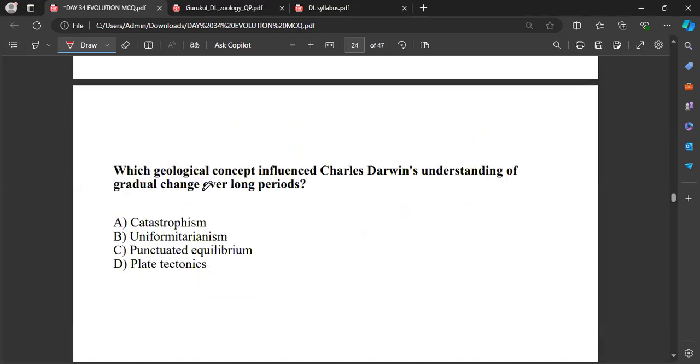Right, now, which zoological concept influenced Charles Darwin's understanding of gradual change over long periods?